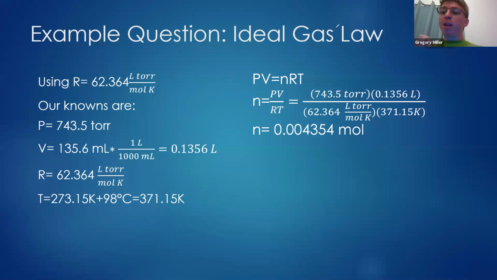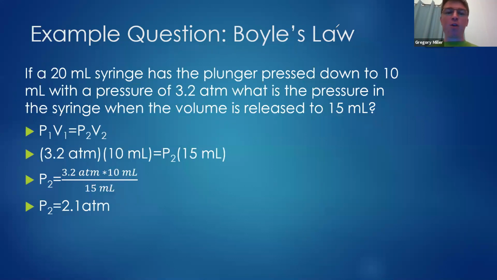So again, units matching, dimensional analysis, same stuff we've been talking about all semester. It's the same thing that matters here. And so we can do all of these with all of the different named gas laws, and it just depends on what we're given. So we're told a 20 milliliter syringe at 10 milliliters with a specific pressure and new volume, and we're looking for pressure.